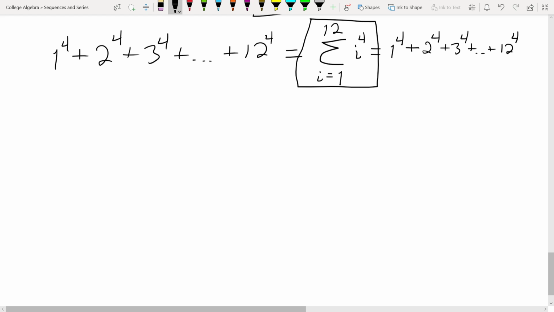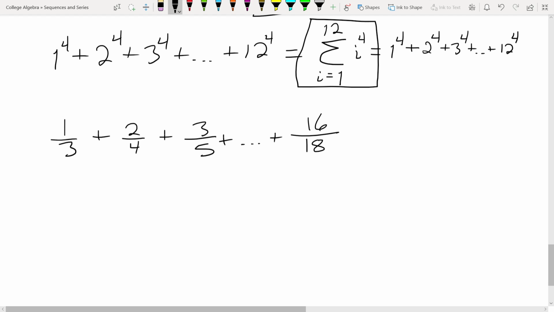All right, let's look at one that's a little bit different. 1 over 3 plus 2 over 4 plus 3 over 5 plus all the way on up to 16 over 18. Now, we want to have a starting index, and we always like to start with 1. So let's just use j here, j equal to 1. That's what we want to start with.